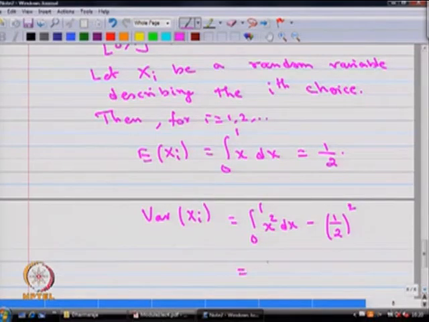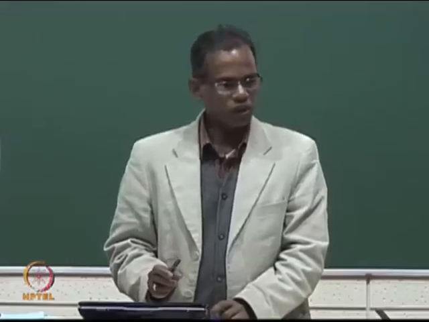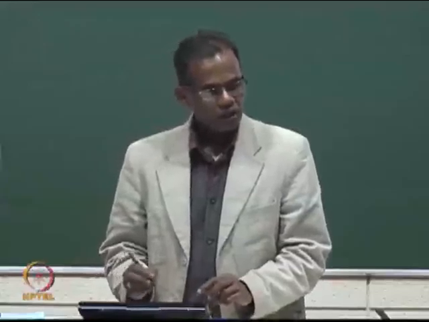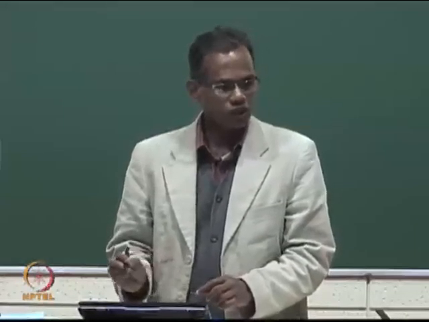If you evaluate this quantity, that is 1 by 3 minus 1 by 4, and if you simplify, you will get 1 by 12. If you remember the formula of variance of a uniformly distributed random variable between a and b, substituting a equal to 0 and b equal to 1, you will get 1 by 12.